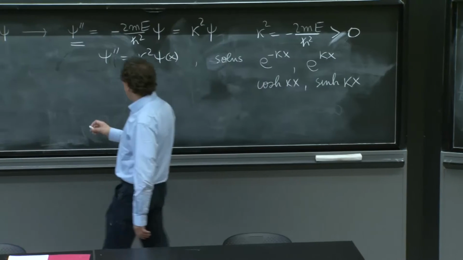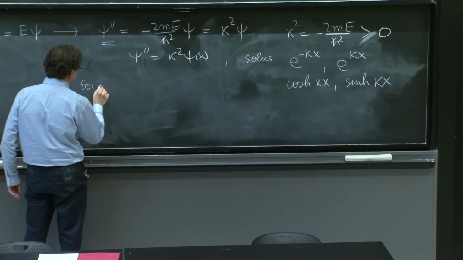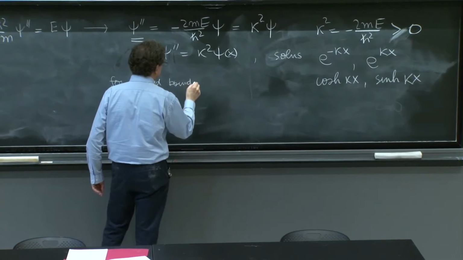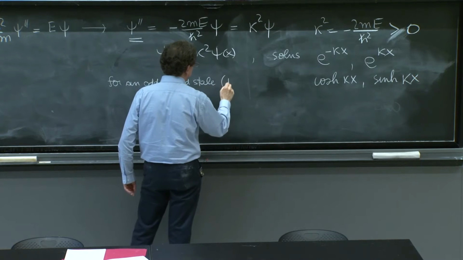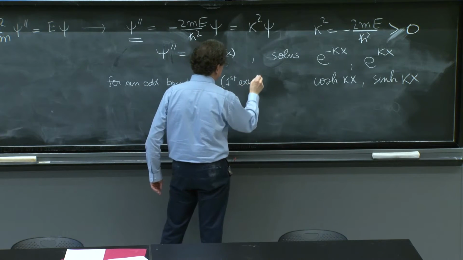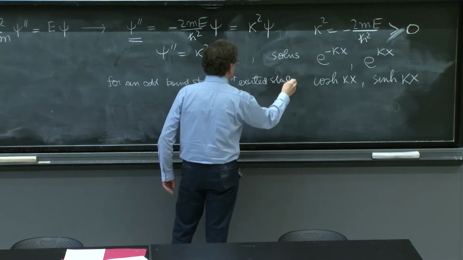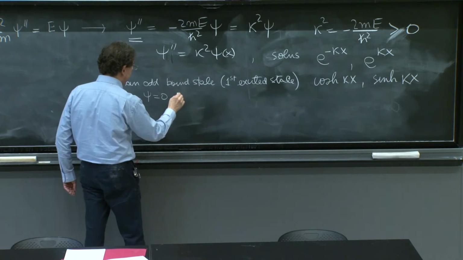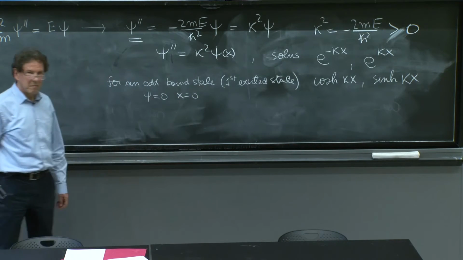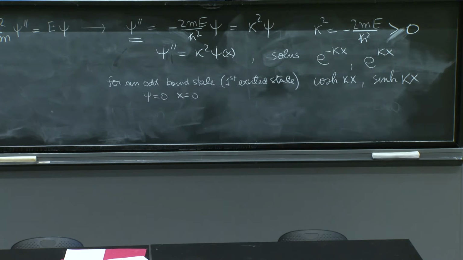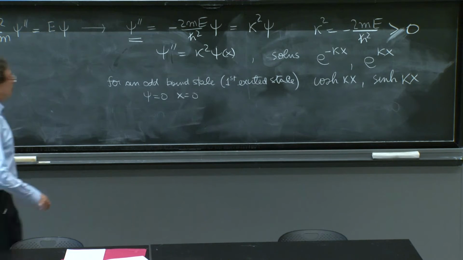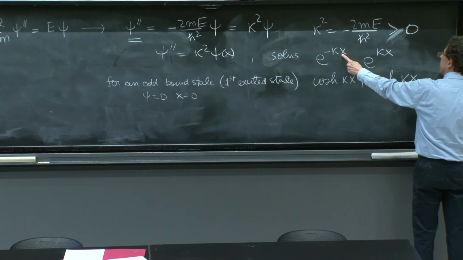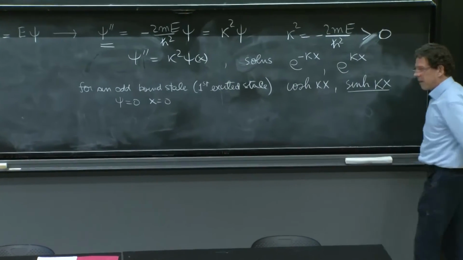So for an odd bound state, or first excited state, you would have to have psi equals 0 at x equals 0. And the way to do that would be to have a sinh, because e to the kappa x doesn't vanish at 0, e to the minus kappa x doesn't vanish at 0, and cosh doesn't vanish at 0.